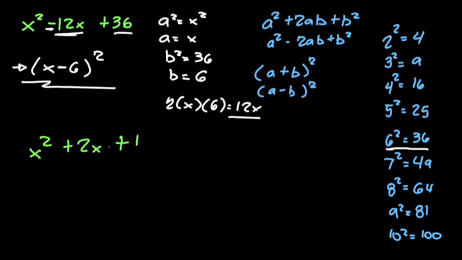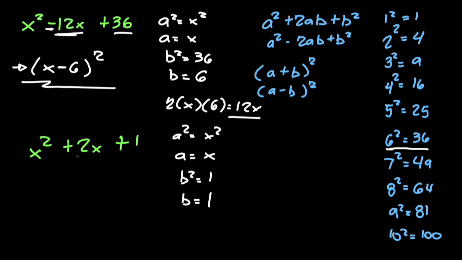For this one, x squared plus 2x plus 1. Keep in mind that 1 squared is also equal to 1, because 1 times 1 is simply 1. And so, a squared would be x squared, a here would be x, b squared here would be 1, and the square root of 1 would be simply 1.